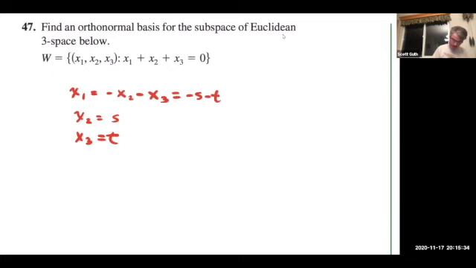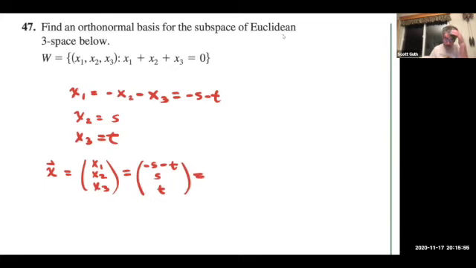So my vector x, which has the x1, x2, x3 components, will be negative s minus t, s, and t, which we want to make into the span of 2 vectors.